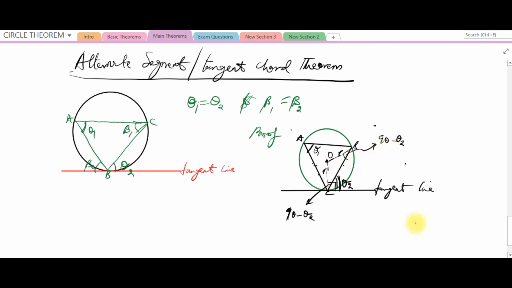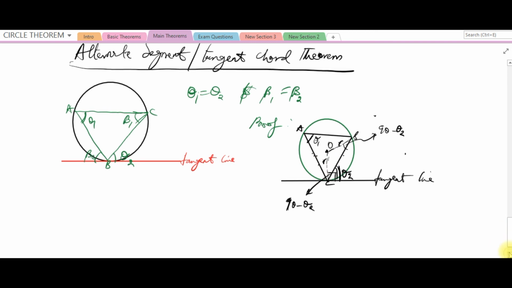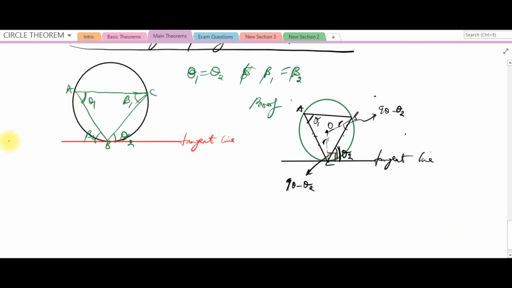Looking at the central angle, angle COB will have two values.